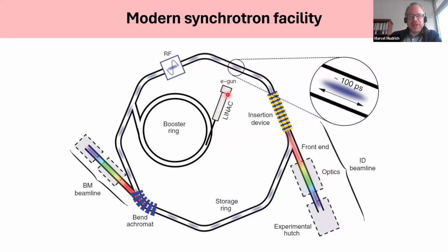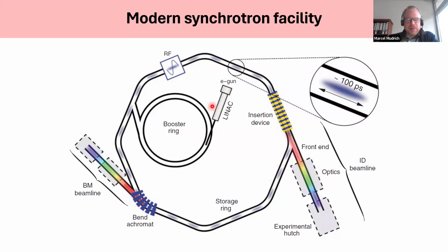This can be just a linear radio frequency accelerator, which we have looked at. It can also be something slightly more involved, like a microtron or racetrack microtron. These are more simple versions of electron accelerators to speed up the electrons and get them closer to the final speed that is needed for storing them in the main storage ring.